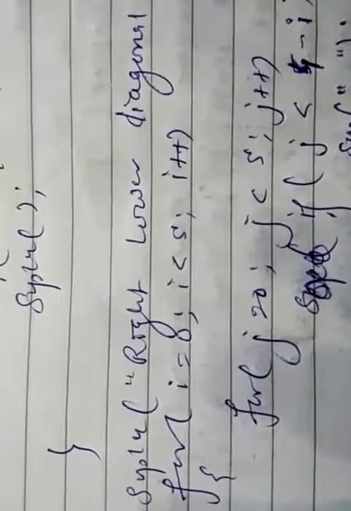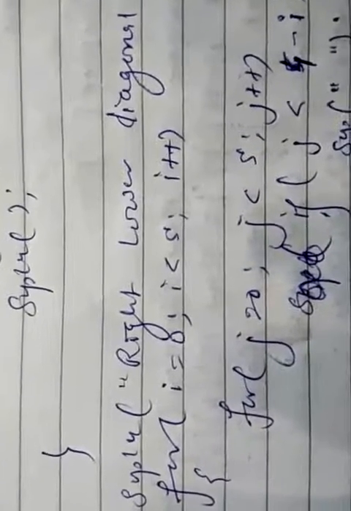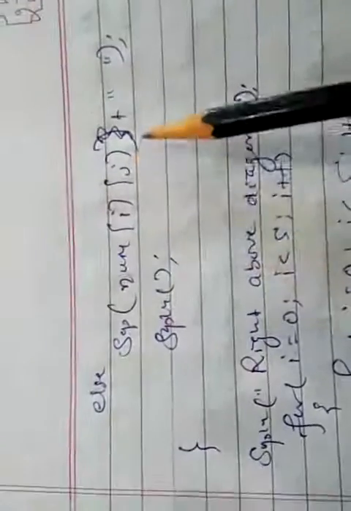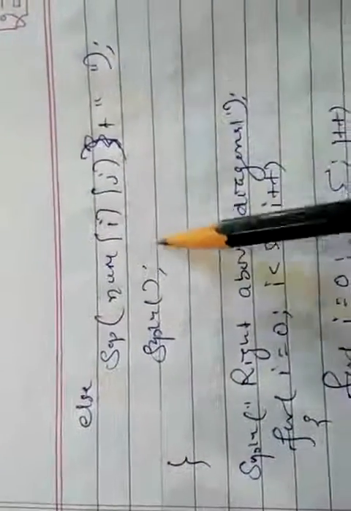So for 0, 1, 2, 3, that is 4 times, this condition will be true. So this will print the 4 spaces before the matrix value. After that the condition will be false, so this will print the first value on the first row. Then change the line. Similarly, this will print the second value in the second row, third row and fourth row.